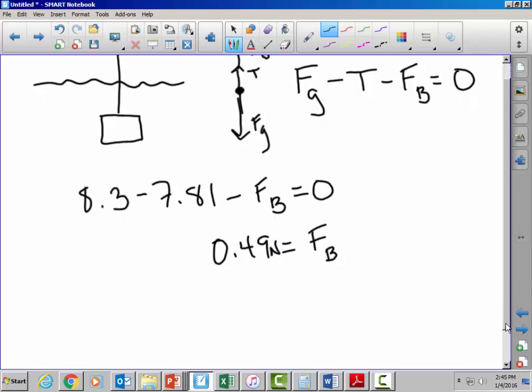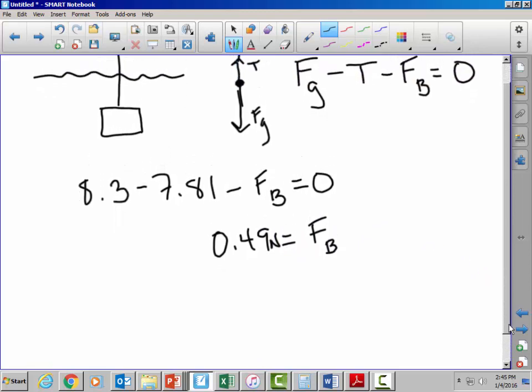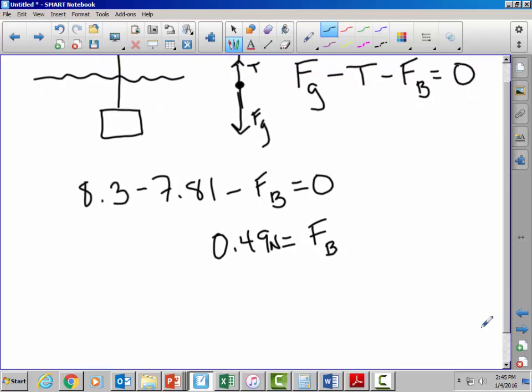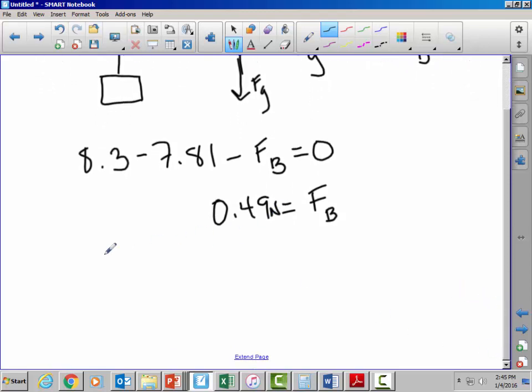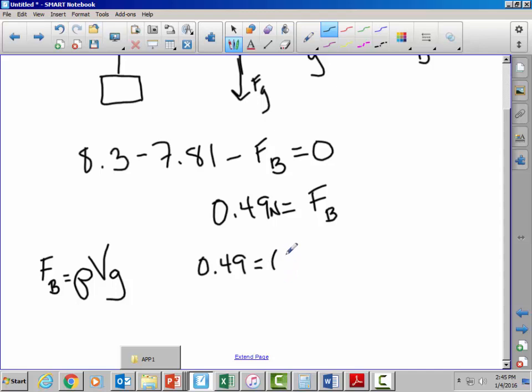We have a conceptual understanding of where we're trying to go with this problem. We're trying to find the density of the object. That's our end goal. Well, we have the buoyant force, and we know from our previous slide and from Mr. Archimedes that the buoyant force is equal to the weight of the water that is displaced. So that means, water has a density of 1,000.